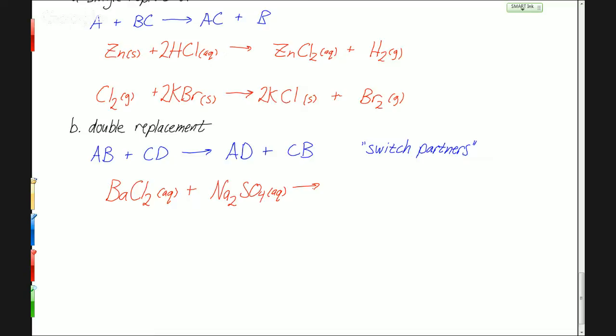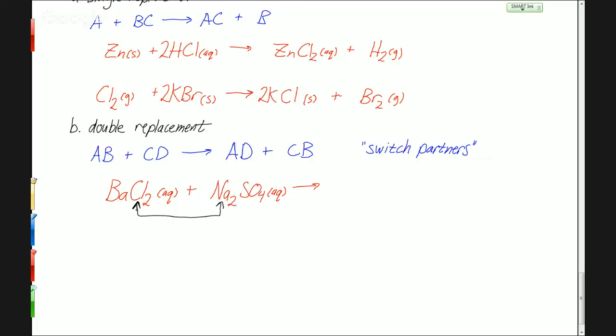Yeah, our cations are barium and sodium, and the anions are chloride and sulfate. So they're going to switch places. The chloride's going to go with the sodium, and the barium's going to go with the sulfate. But we have to build new compounds based on the charges of those ions. So we can say these two are going to go together, but they're not going to form Na2Cl2, right?